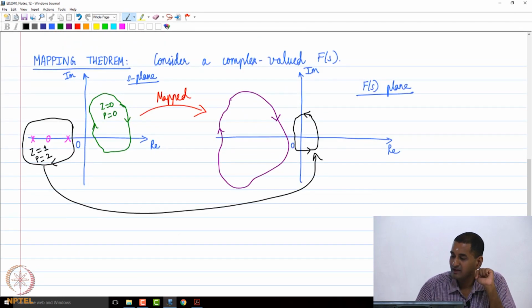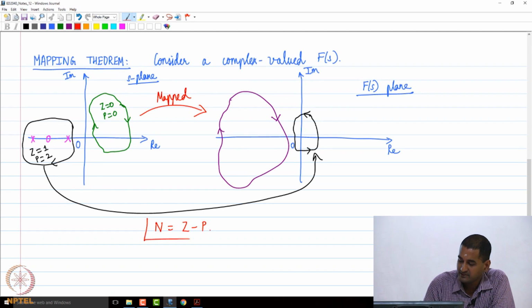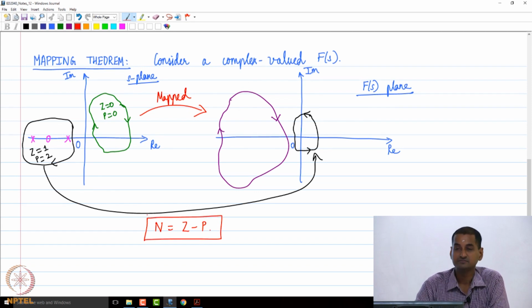So what this mapping theorem essentially says, if we write the mathematical statement, is n is equal to z minus p. That is the mathematical statement of this mapping theorem.